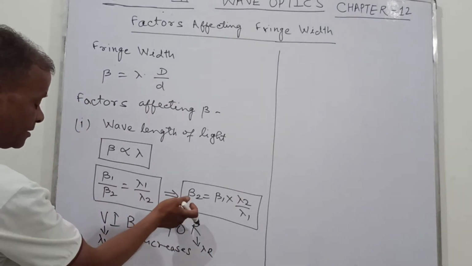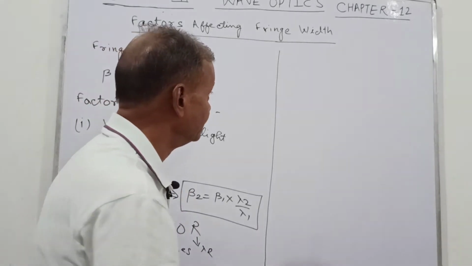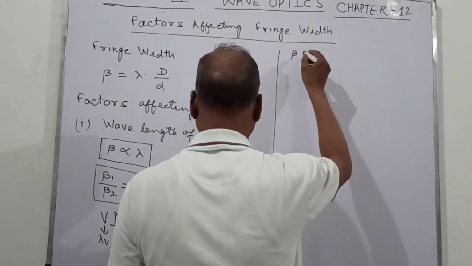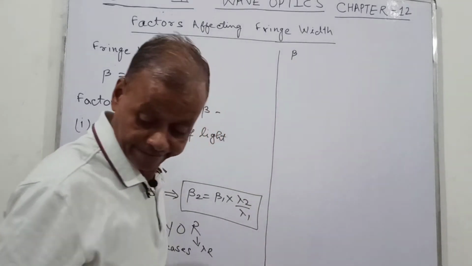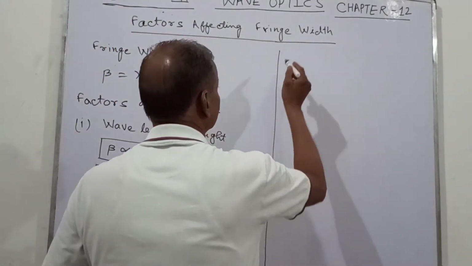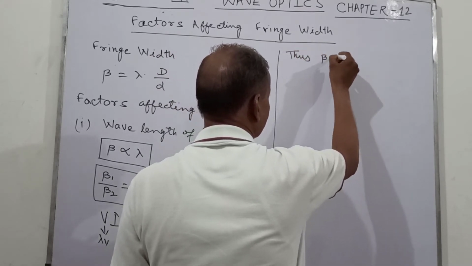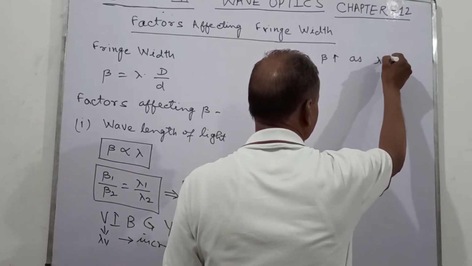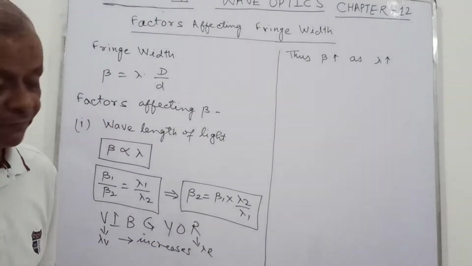It means that for red color this beta is maximum and for violet color beta is minimum. Thus beta increases as lambda increases. So beta is more for red and minimum for violet.